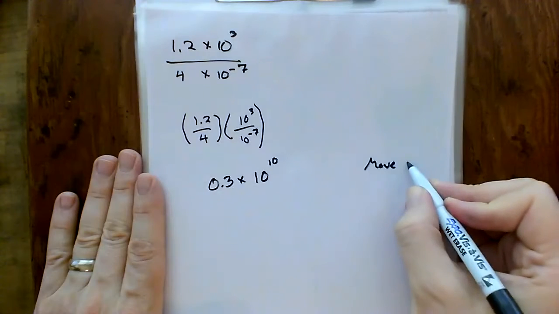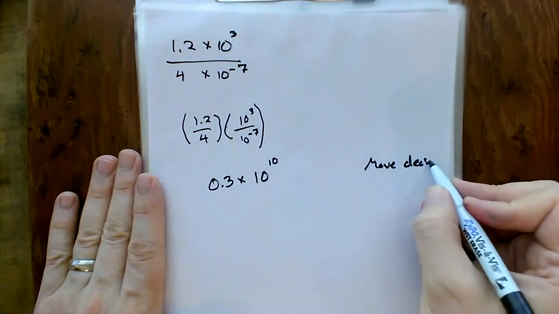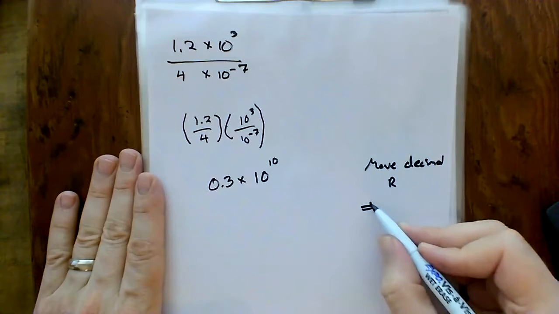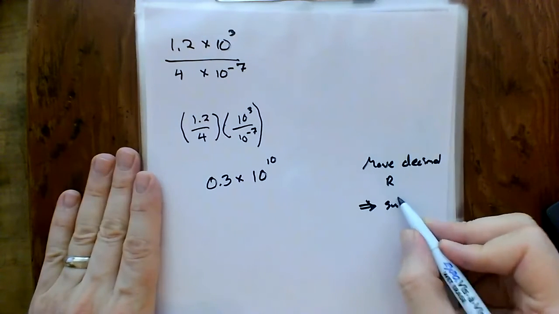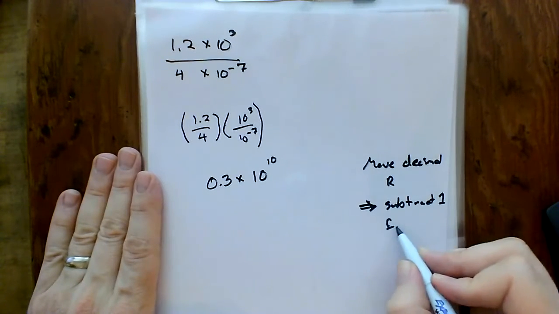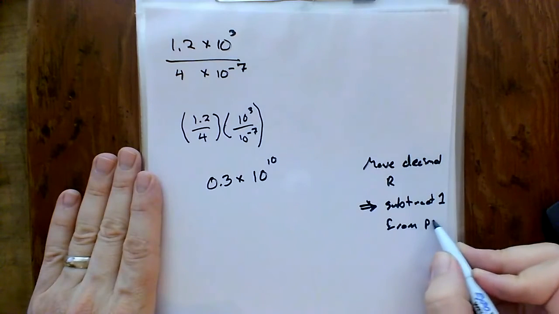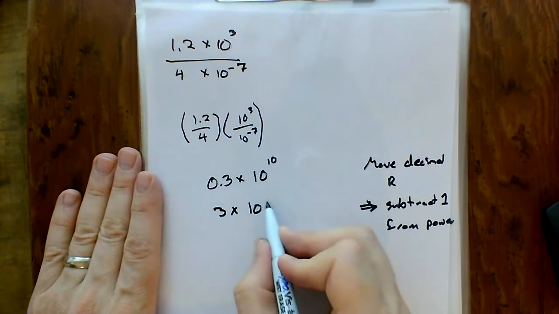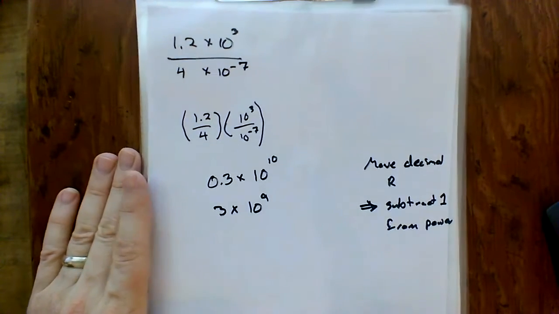So when I move my decimal right, we're going to subtract 1 from our power. So this is going to be 3 times 10 to the 9th.